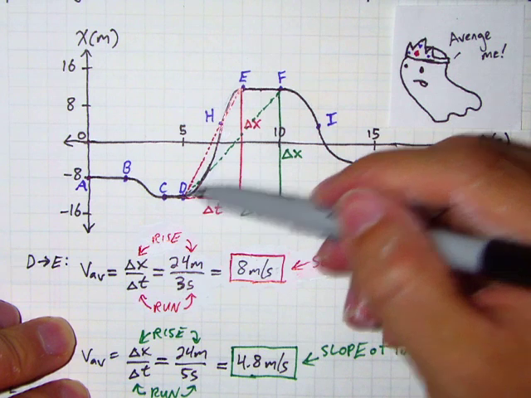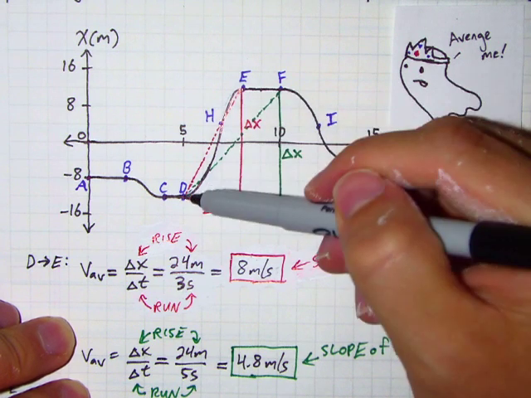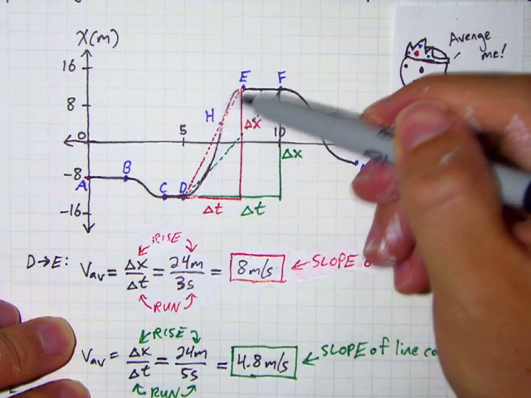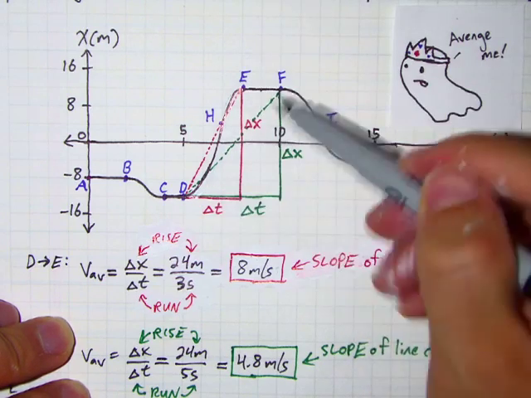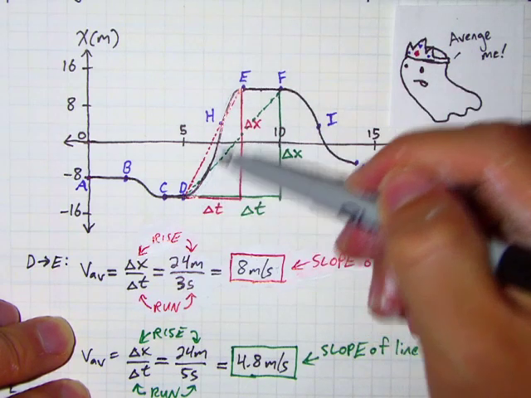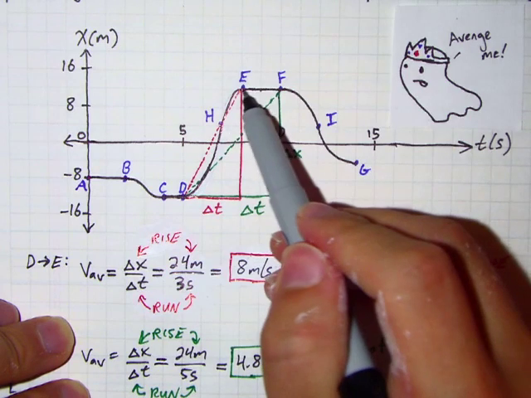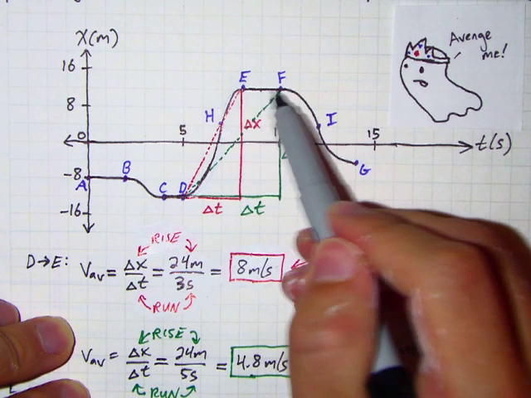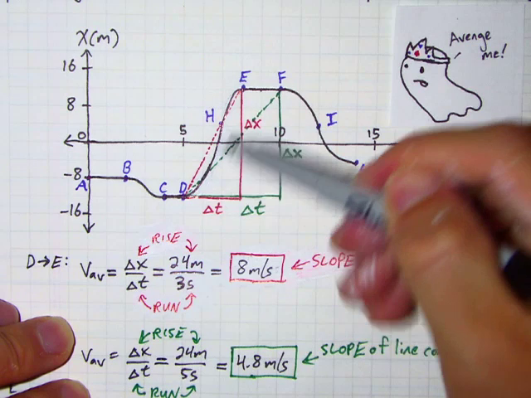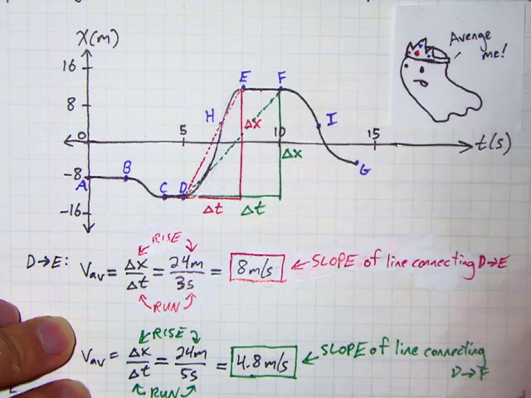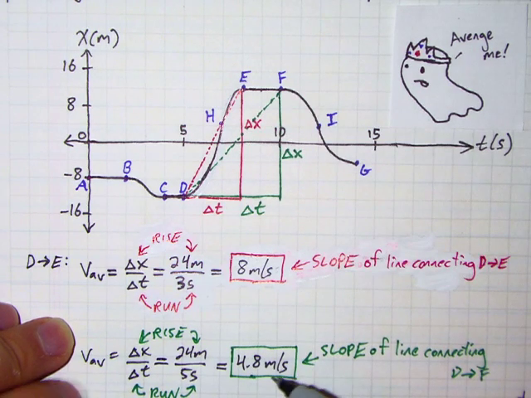When we're getting the average velocity from D to E, we're finding the average velocity while she's moving in the positive x direction. But then if we're finding the average velocity from D to F, we're including this part of the velocity, but we're also averaging in this period where she's not moving at all, where her velocity is 0. So we average in this positive velocity with this 0, we get a smaller value, 4.8 meters per second.